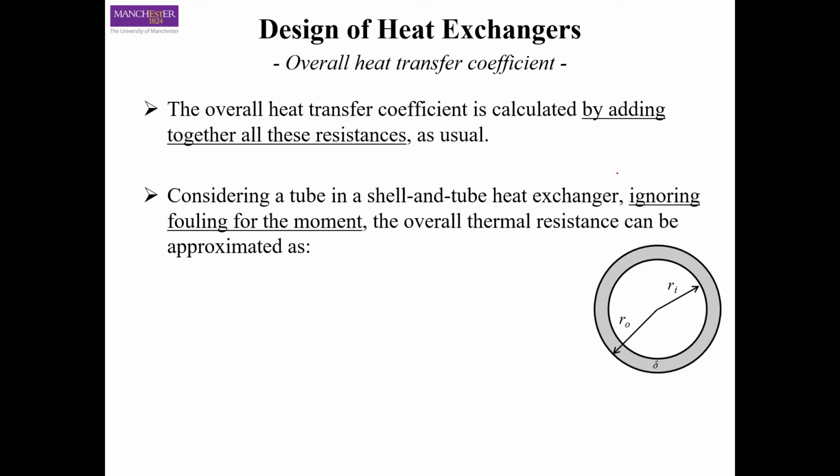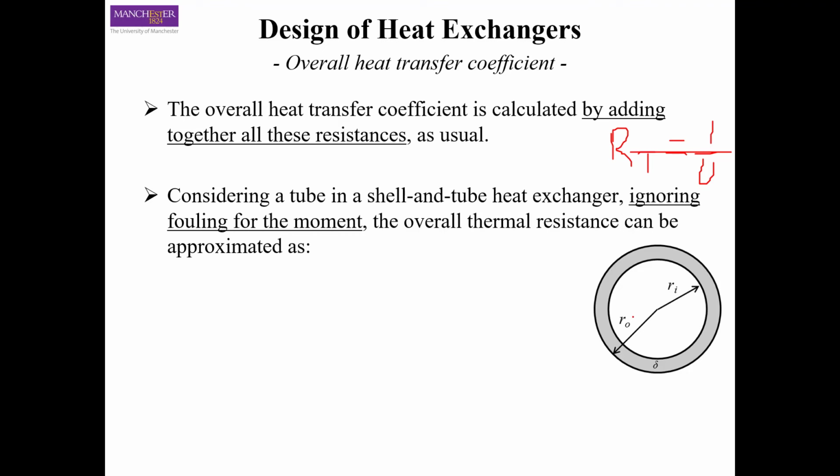R total gives us the total resistance to heat transfer, and opposite to that we have 1 over U, and U is actually the overall effectiveness of heat transfer. So it's the opposite of resistance. We want to calculate this U.